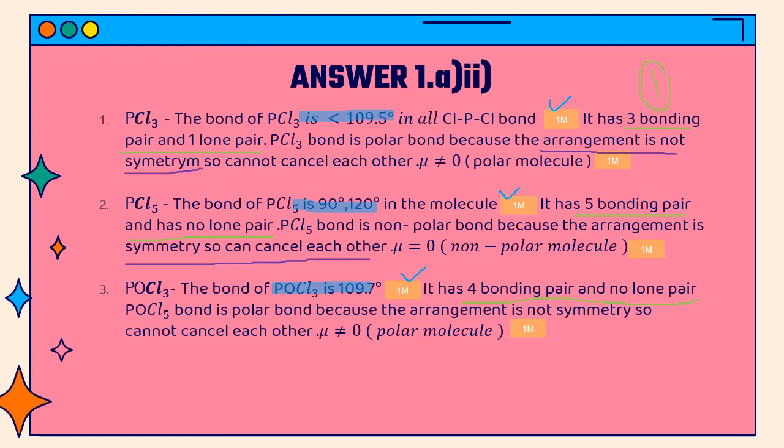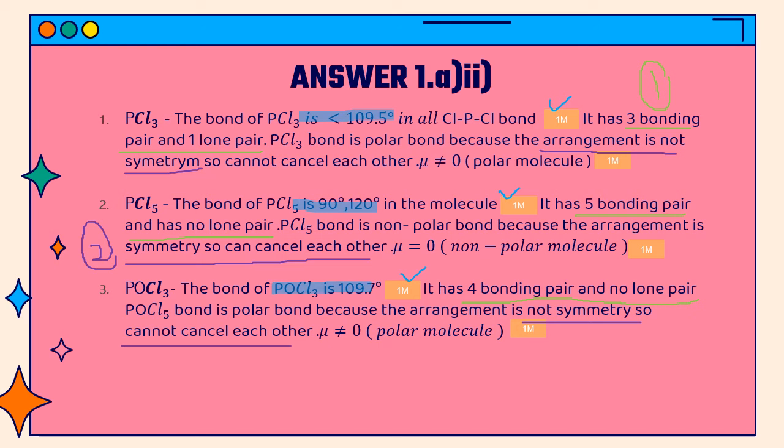Okay, for POCl3, it's not symmetrical, so they cannot cancel each other. Okay, so that is the second explanation. And then lastly, we need to state the polarity.